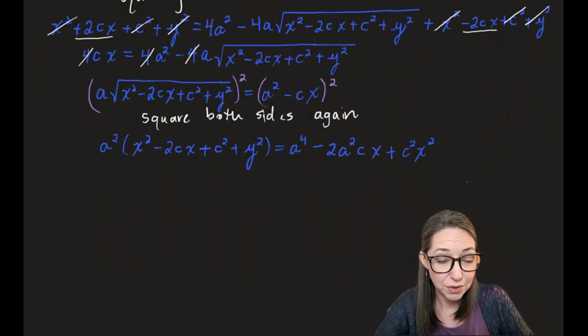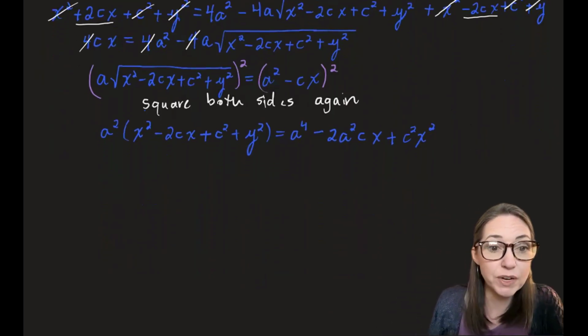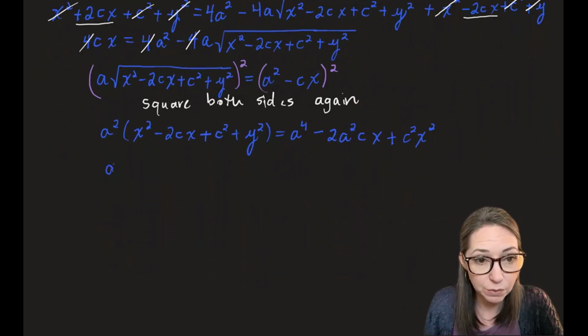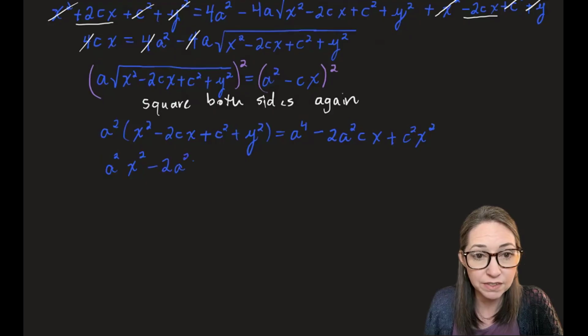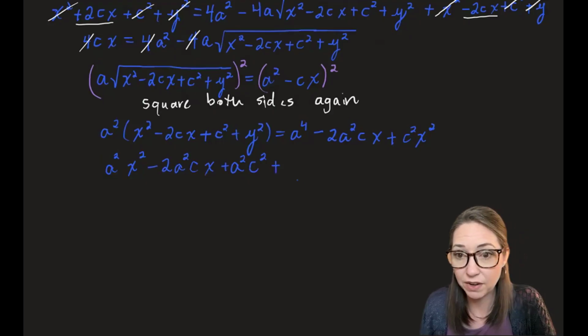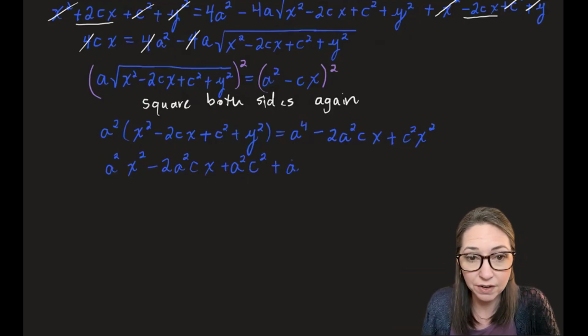Okay, so what we need to do is keep simplifying. If we distribute out this a squared over here on the left, we're going to have a squared times x squared. Then a squared times negative 2cx would be minus 2a squared cx, plus a squared times c squared, plus last we'll have a squared times that y squared.